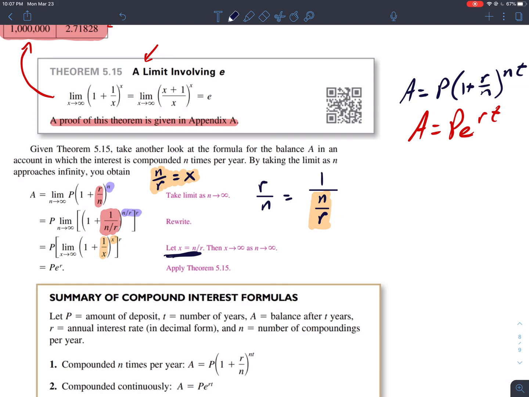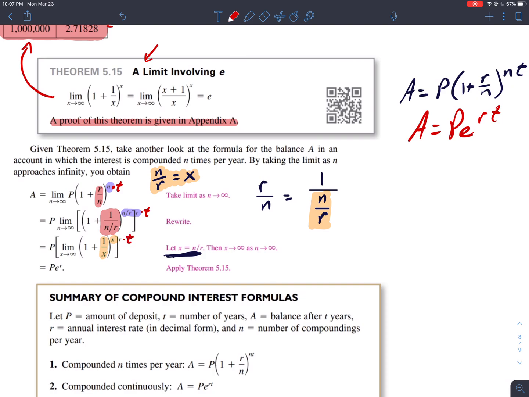If interest is added or combined with the amount of money in the account every fraction of a second, then we look at the formula. We turn the formula into Pert instead of this formula up here, the compound interest formula. If I take this formula and I just throw t onto it, it's just going to hang on for the ride the whole time.